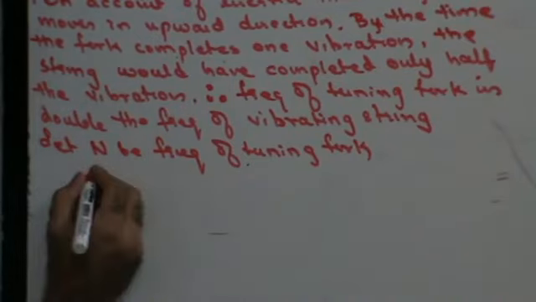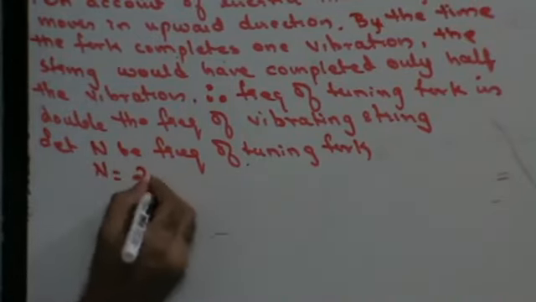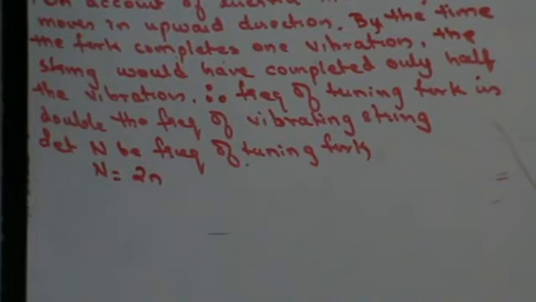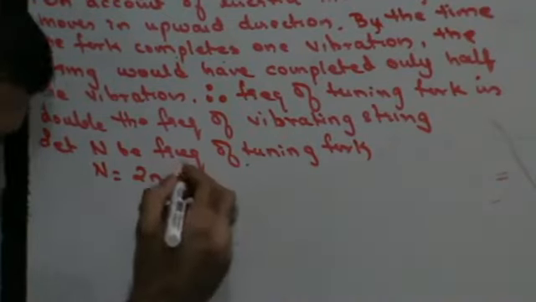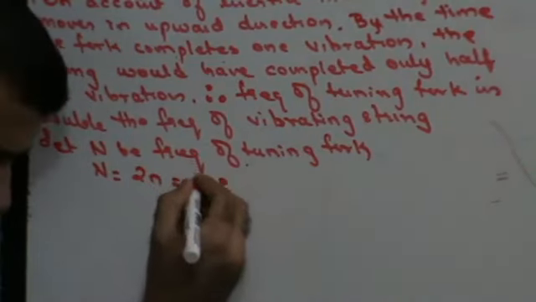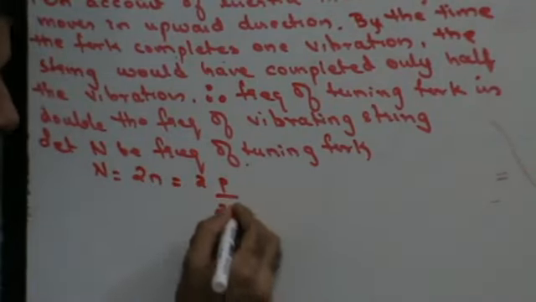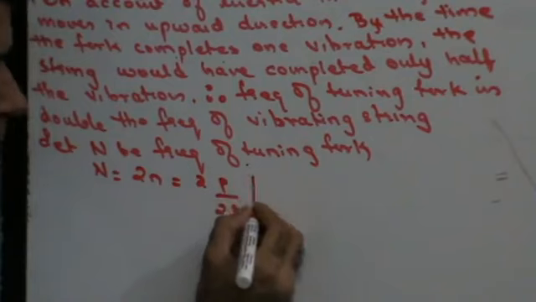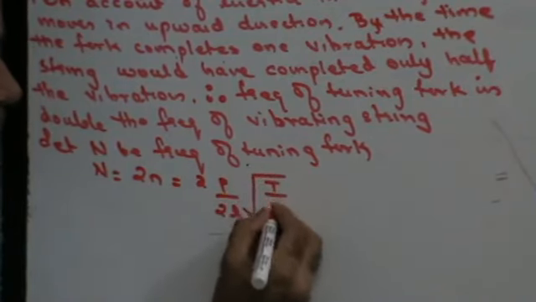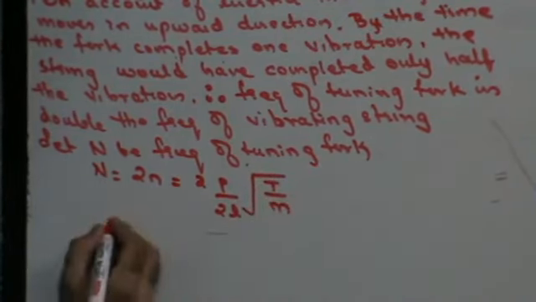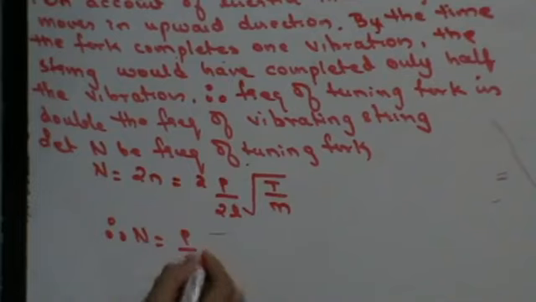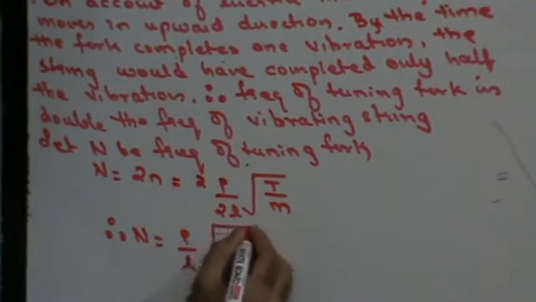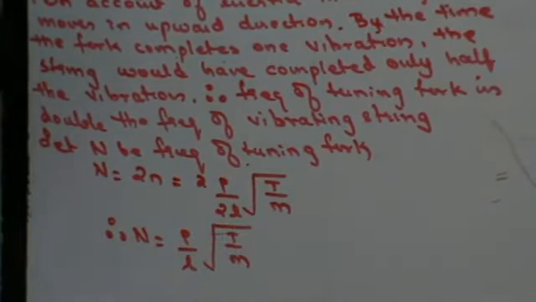Then I can say that n is equal to 2n', but the value of small n' in Melde's experiment is nothing but p upon 2l square root of T by m, we've done this derivation. Therefore, the 2 and 2 get cancelled, and the frequency of the tuning fork is p upon l square root of T upon m.